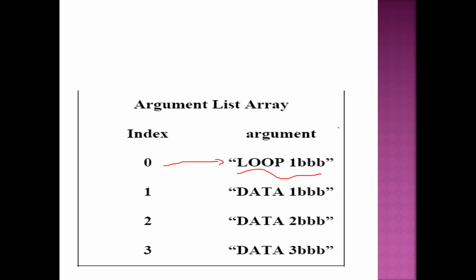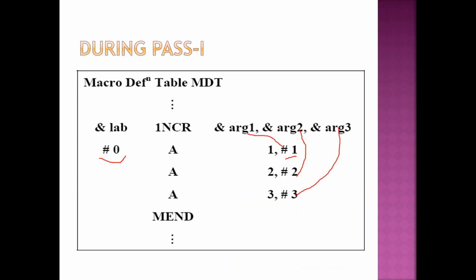Though when I am defining, I give the arguments, the passing parameters here are going to be data 1, data 2 and data 3. So your code should be replaced by A1 comma data 1, A2 comma data 2, A3 comma data 3. The examples we have seen are the same example. Throughout the macroprocessor, we are sticking to the same example so you will not have any confusion.